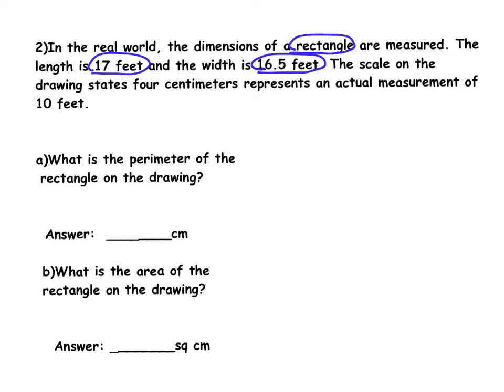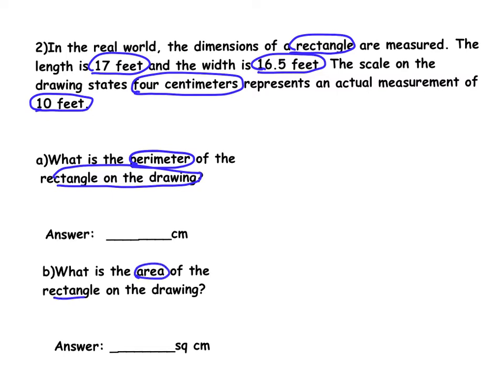The scale on the drawing states that every 4 centimeters on paper represents an actual measurement of 10 feet in the real world. Part A, what is the perimeter of the rectangle on the drawing? What is the area of the rectangle in the drawing?